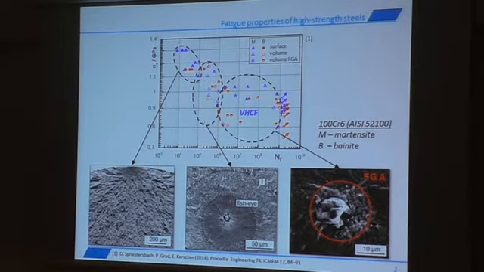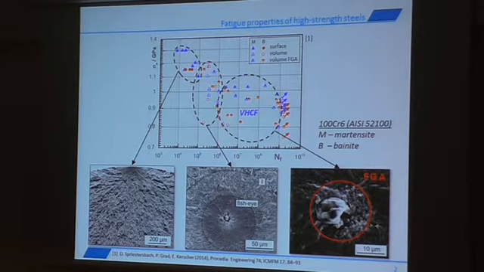And then where our special interest lies is the very high cycle fatigue, where we see the formation of the fine granular area. It's a very granular area around the inclusion, and this only forms during very high cycle fatigue. It's also called ODA, as in the presentation by Professor Lang.